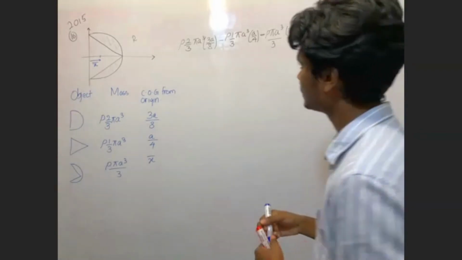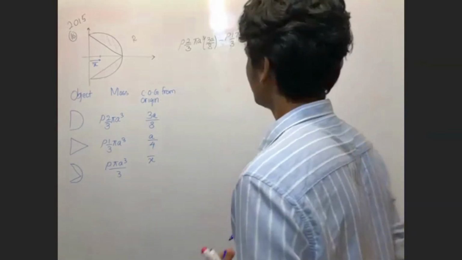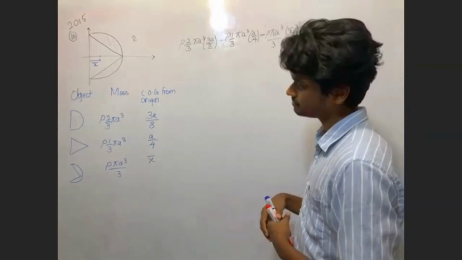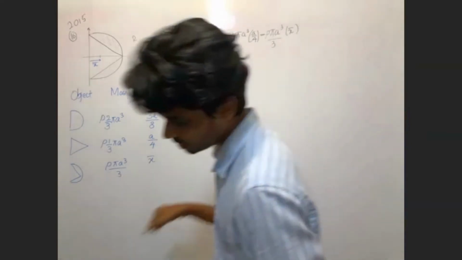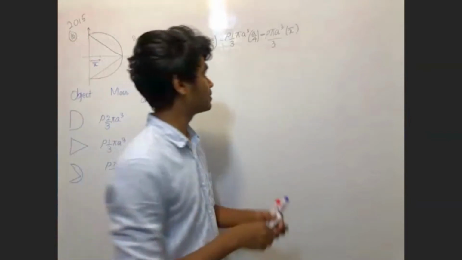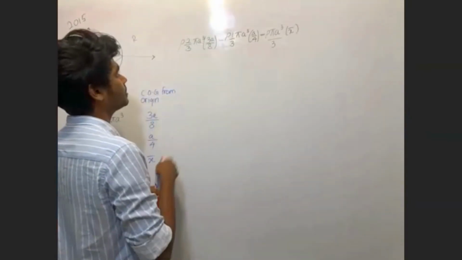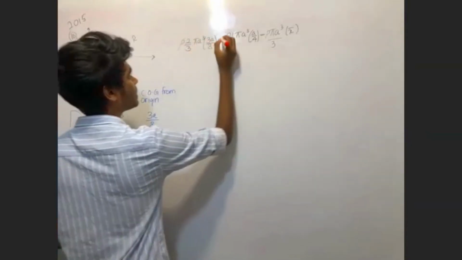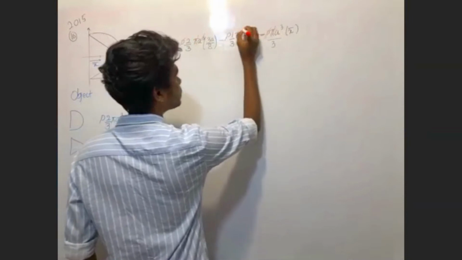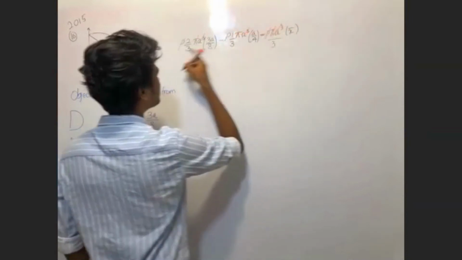Simplification. I think let's avoid the simplification. It's okay, it won't take much time, so I'll quickly simplify. Pi a cube to pi a cube.